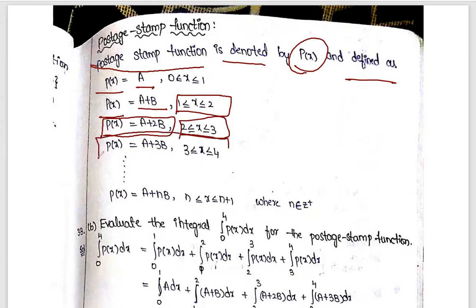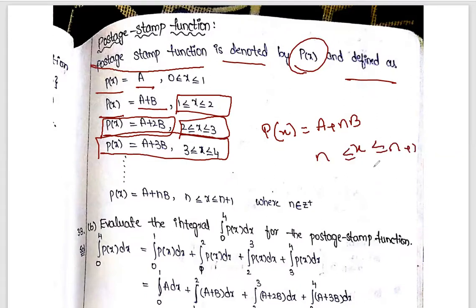P(x) equals a plus 3b if x lies between 3 and 4. So basically P(x) equals a plus nb, where x lies between n and n plus 1. Okay, so you just have to substitute.